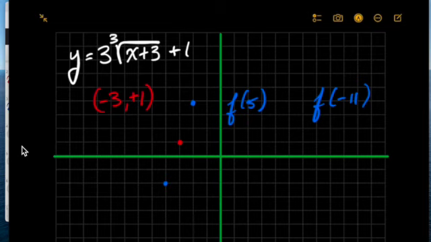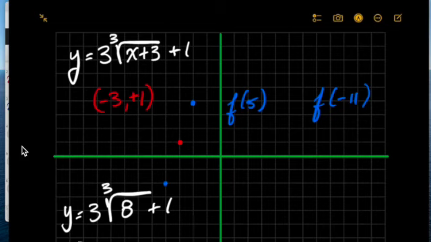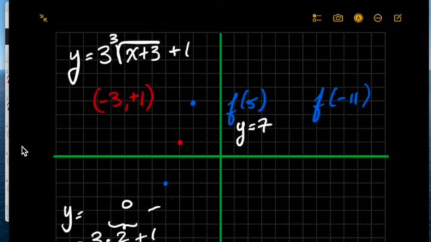Okay. F of 5 is going to be y equals 3 times the cube root of 5 plus 3, which is 8, plus 1. The cube root of 8 is 2, so 3 times 2 is 6, plus 1 equals 7. Next, we are going to evaluate f of negative 11.